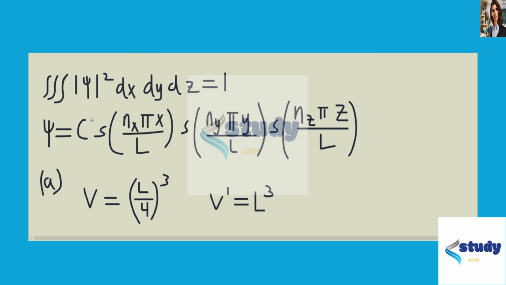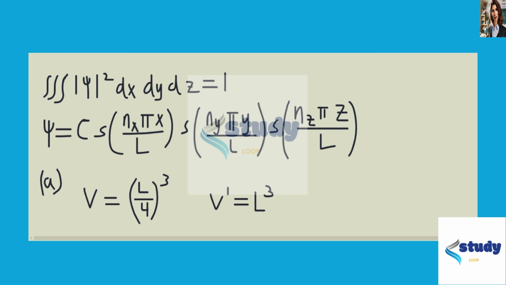So this is the sine of whatever is in the parentheses: sine of nx pi x over L, sine of ny pi y over L, and sine of nz pi z over L, for the stationary state wave function of the particle inside the cubical box, where nx, ny, nz are just some integer values, and c is just a normalization constant.